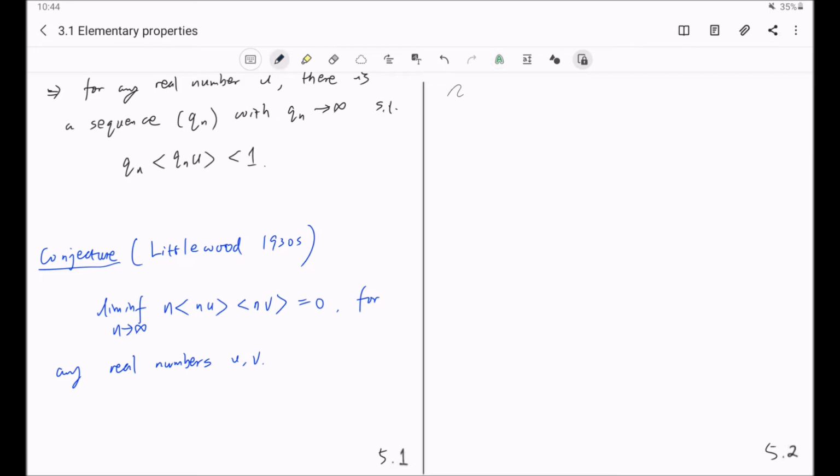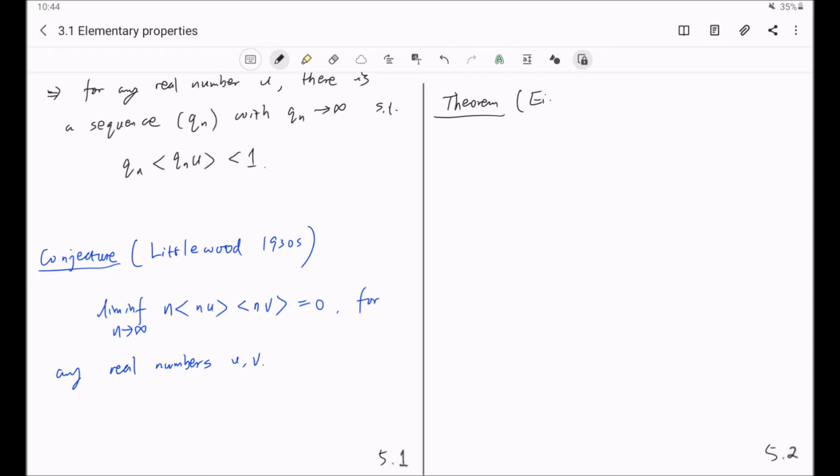This is a theorem due to the following three very famous mathematicians. The first one is the author of this book we are using now, Einsiedler. The second one is Katok, and third one is Lindenstrauss. He's a Fields medalist in 2010.